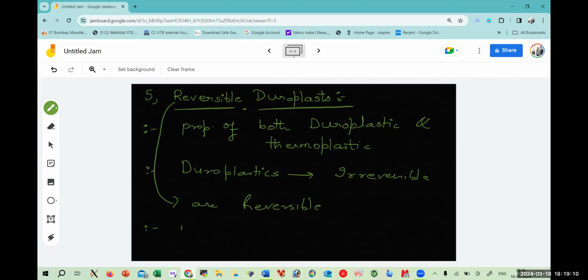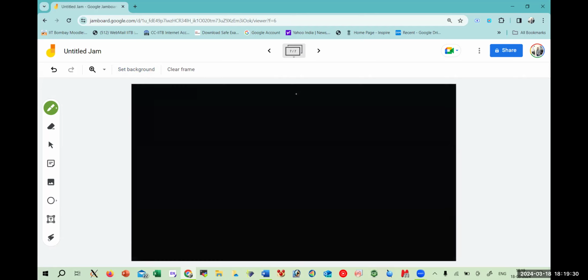The kind of bonding that exists in this one is a coordination bond. The cross-linking arises from coordination of the ionic polymers to the metal ion. The bonding is not covalent bonding, it's a kind of coordination bond.